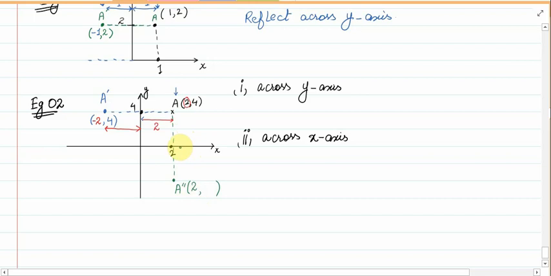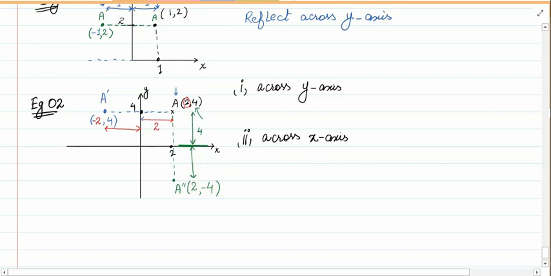The distance from the line of reflection, the x-axis, to the object is 4 units, right? The y coordinate is 4. If the object is 4 units away, then the image will also be 4 units away. But since we are moving on the negative y, it will be -4, right?